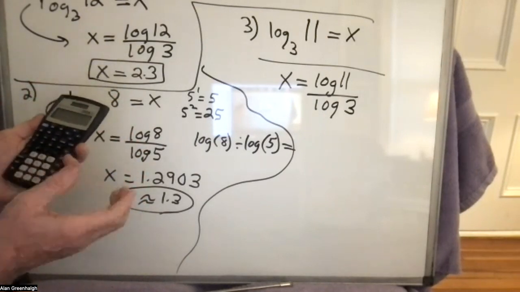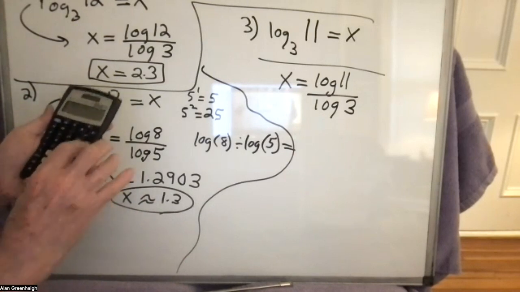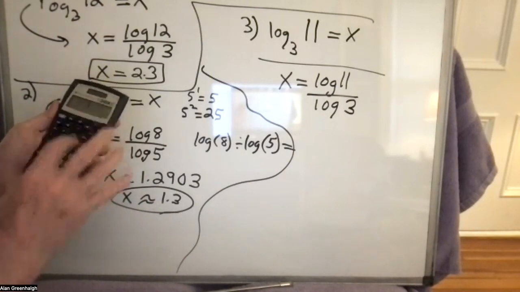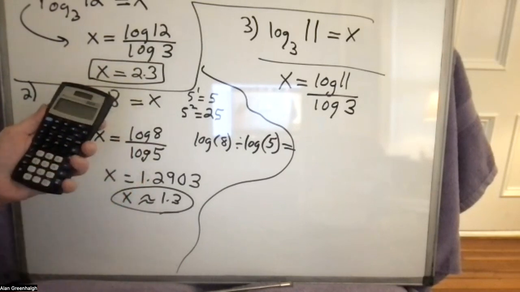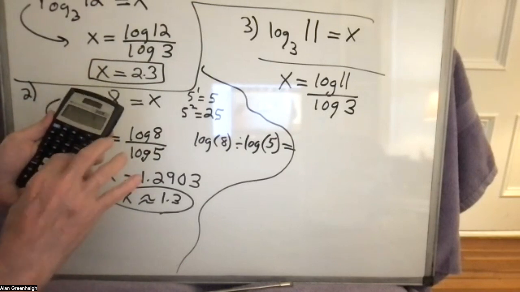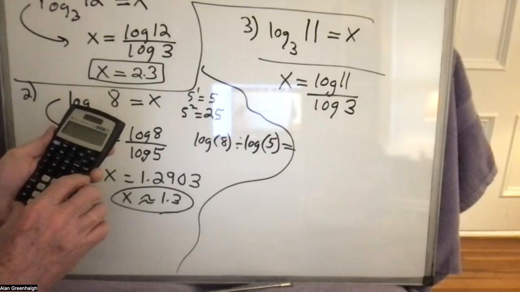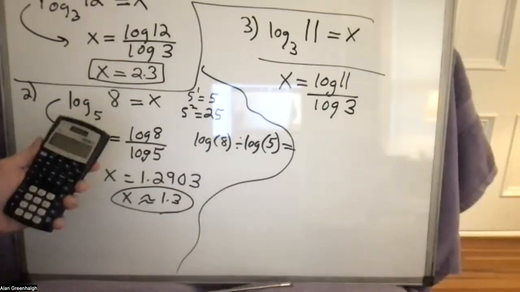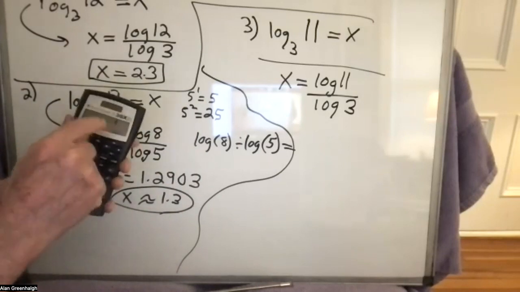Mine was already on, but if it's not on, you could shut it and then press on. But it's going to be log of 11, close the parentheses, division. The division sign on the calculator turns out to be a slanty line. So that's what you'll be seeing on your screen.